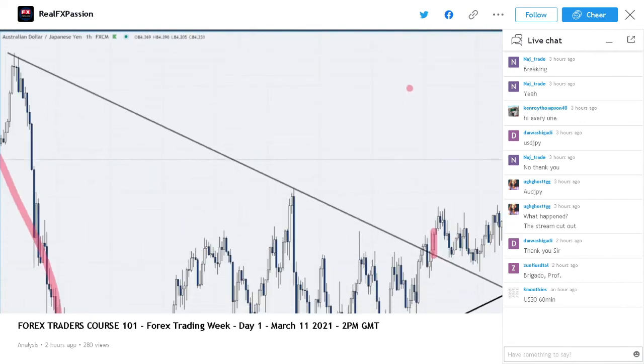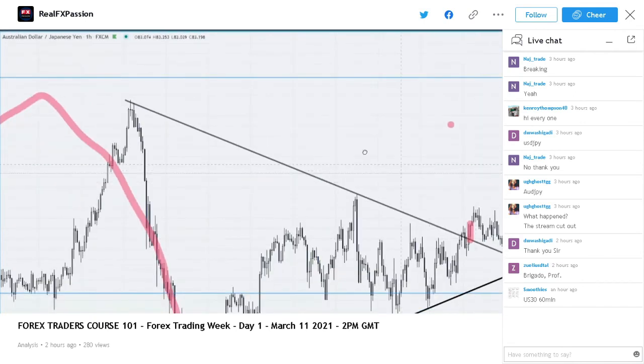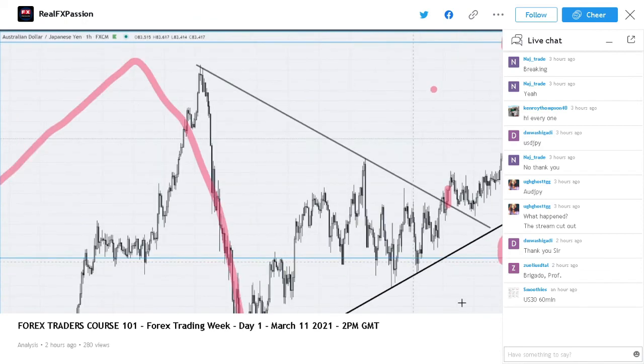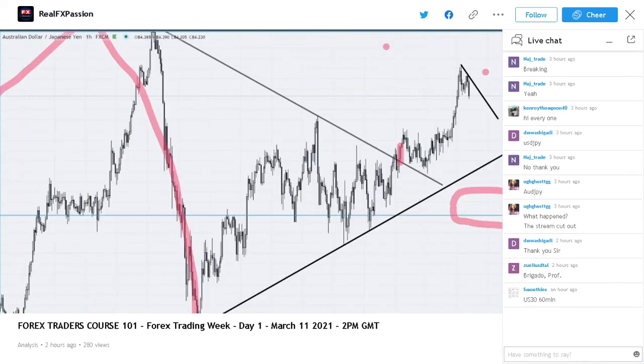Okay, so on the 1 hour chart, we are up, right? The market's making higher highs, higher lows, relevant low, relevant high, relevant low, and another relevant high.